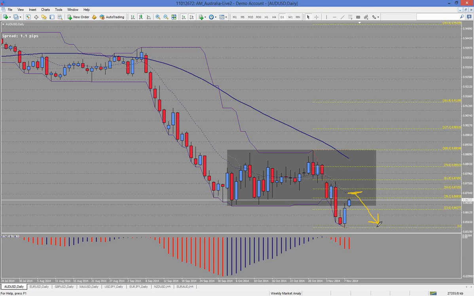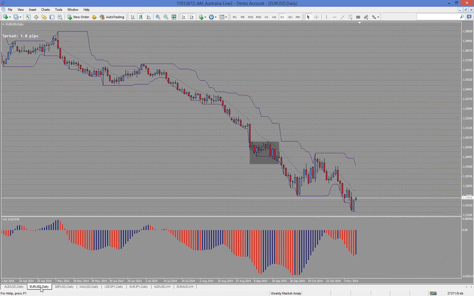If we do get through that 85 level, it really does open the door for even as far as 82, and once we're into that area, the 80 comes into play very, very strongly. So keep an eye on that one, and we'll see how it pans out for us. Okay, let us move on. If you do have a question, type it in, I'll answer it for you.